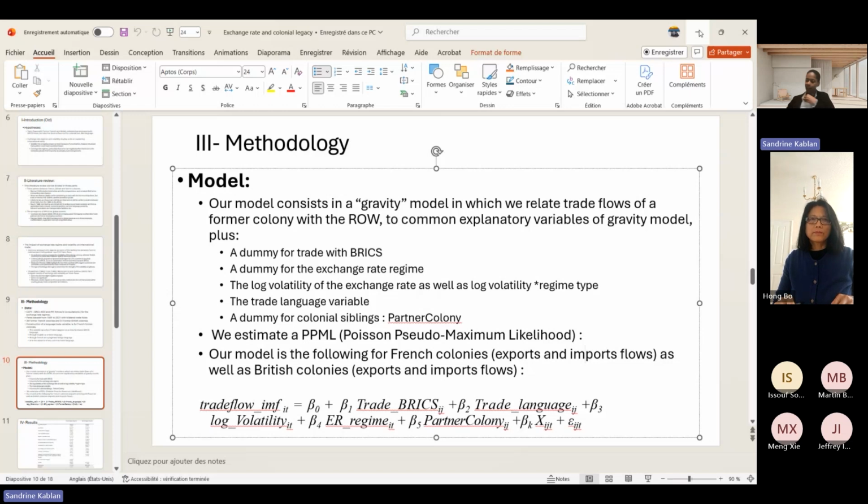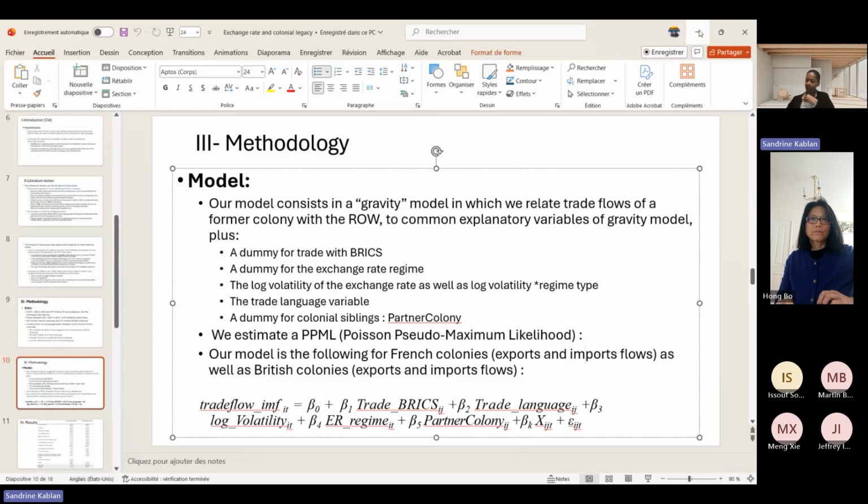But I think that the exchange rate arrangement is very important, because if you listen to economic discussion and even political economy discussion concerning former colonies, you have this issue of exchange rate arrangement, which comes from colonization.